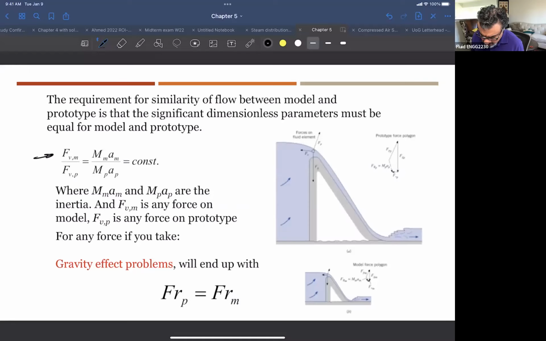So now if I have the forces in the model and the forces on the prototype, the ratio between them will be basically mass times acceleration for the model and mass times acceleration on the prototype, which is going to be equal to a constant.